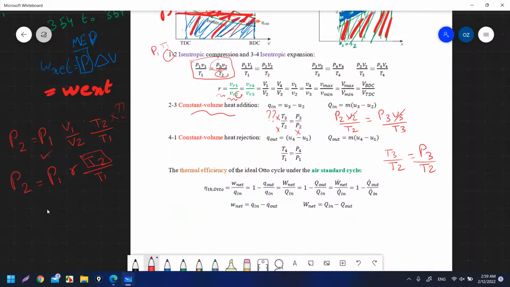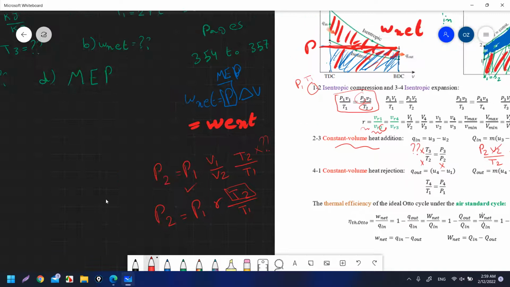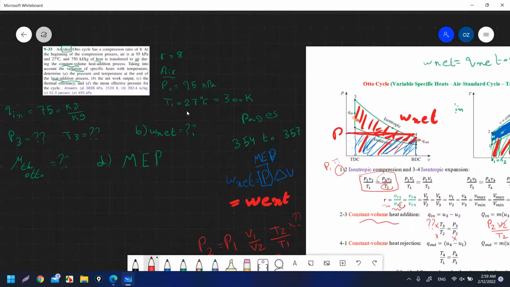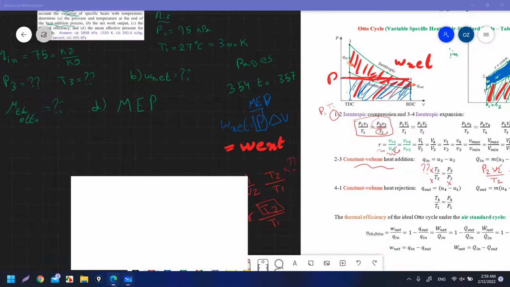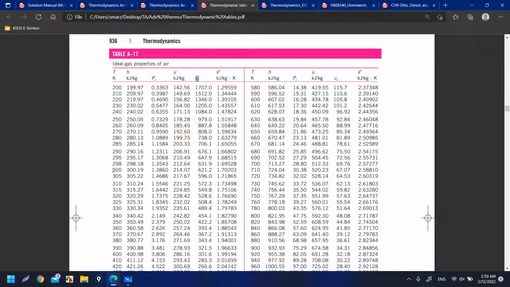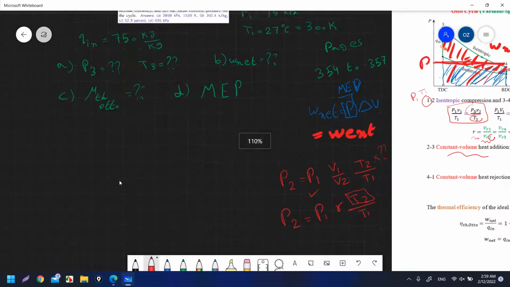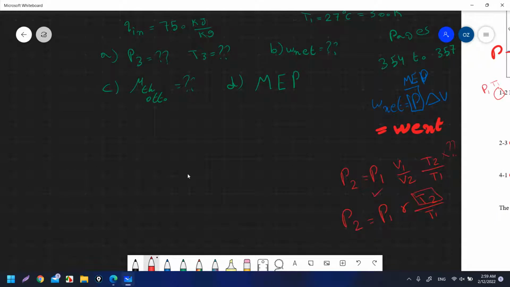So let's use the temperature 300 Kelvin and find vr1. At 300 Kelvin, vr1 is 621.2, and it is a dimensionless quantity.